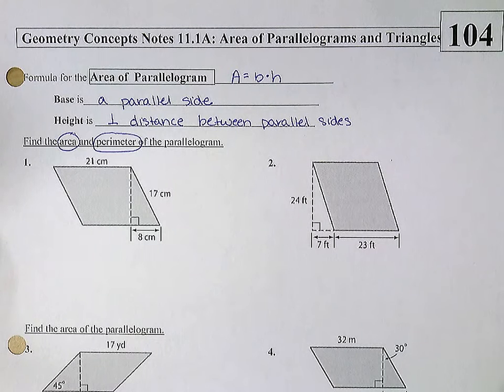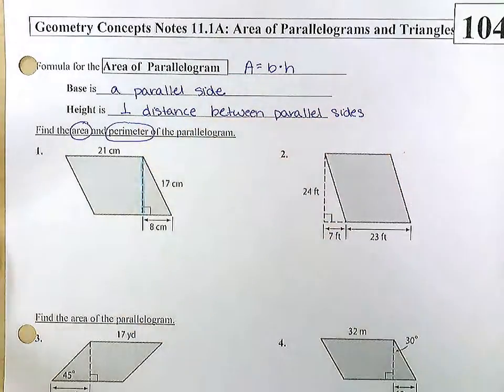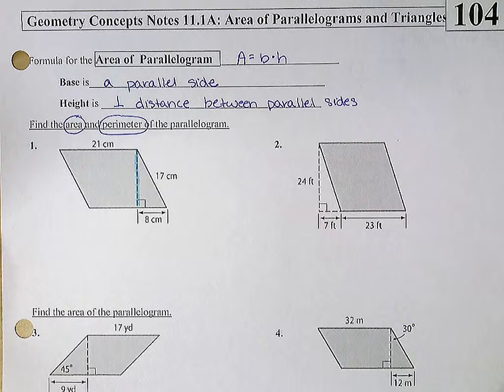So for area, we need one of the parallel sides and that perpendicular distance between the two parallel sides. So what I look for first is where that perpendicular line is within my figure. That perpendicular line is the one that forms that 90-degree angle with one of your sides. Okay, that line is going to be your height.